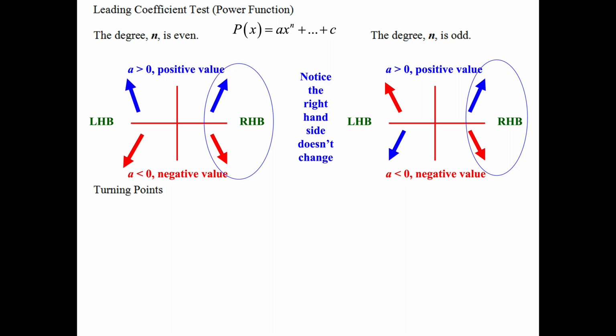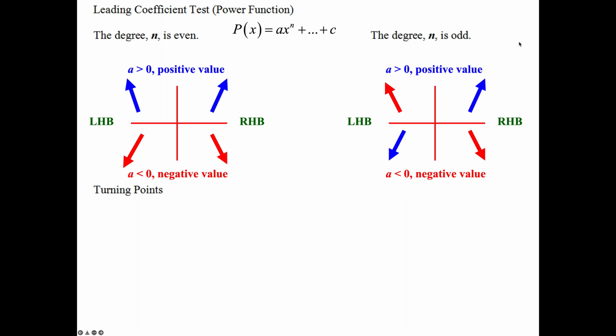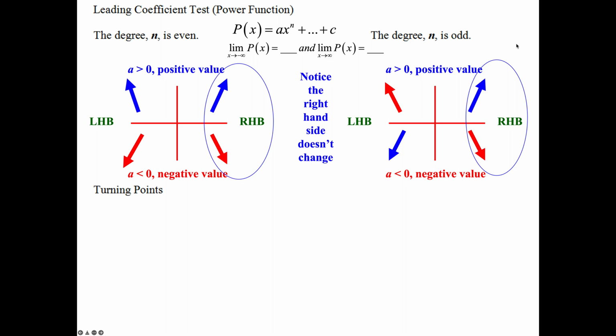So based on what we want to graph to the right-hand side as x goes out to positive infinity, we know that just looking at the sign of the first term, if a is positive, we know our graph goes up. If our first term, x to the nth power, has a negative, then we know it's going down.